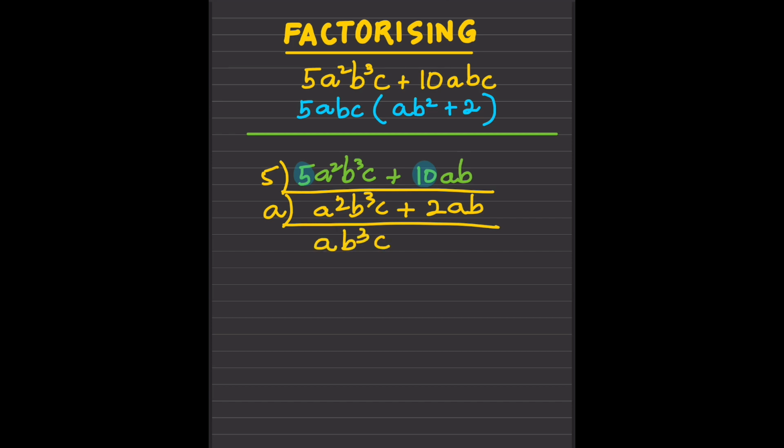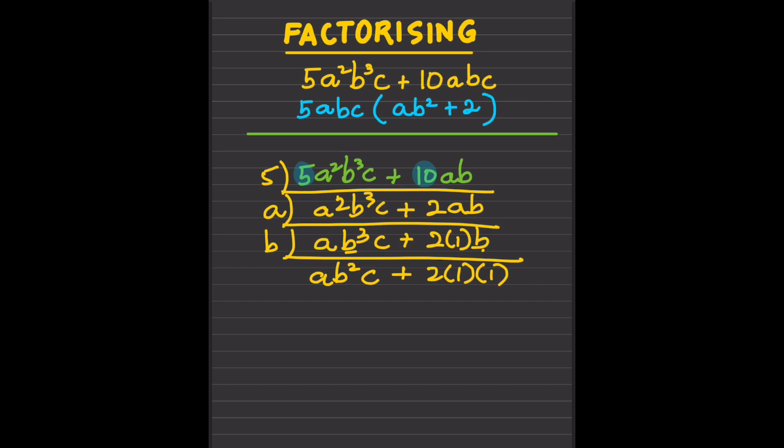So we just continue. And a divided by a is 1. Okay? And then we know that we have another common factor, which is b. So this becomes ab squared c plus 2 times 1. b divided by b is 1.